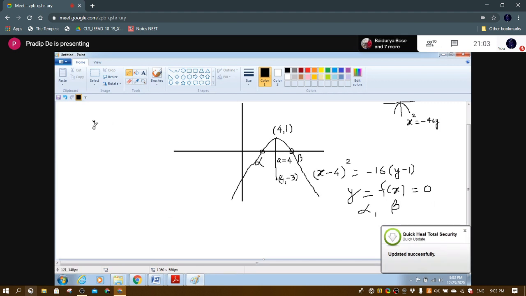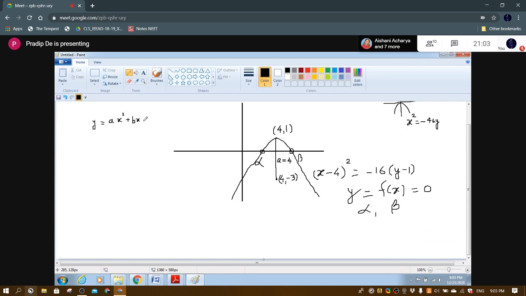y equal to quadratic in x. y equal to ax square plus bx plus c. This will always represent a parabola whose axis is parallel to y-axis.